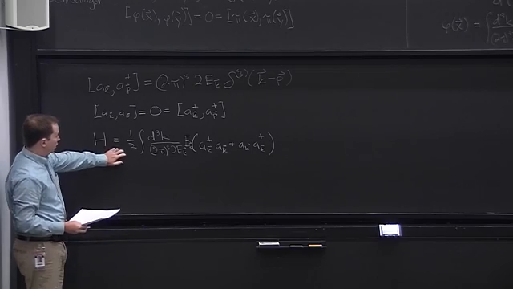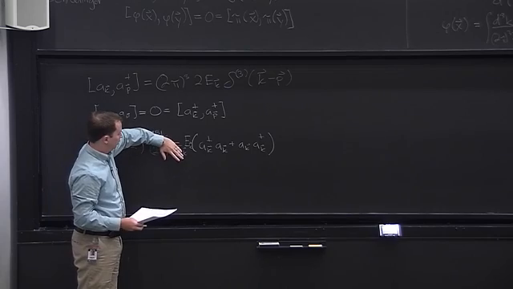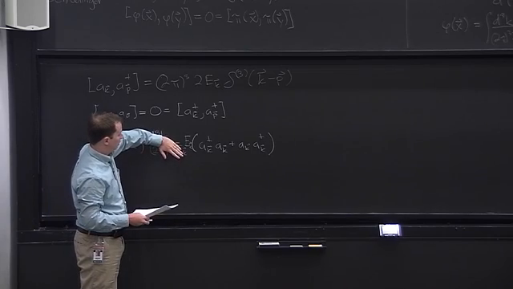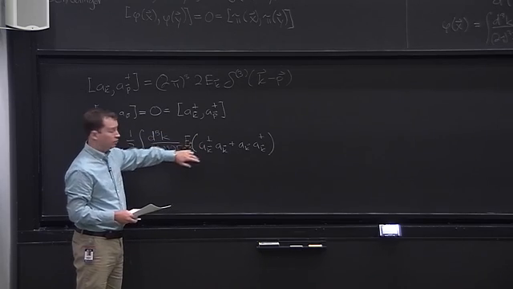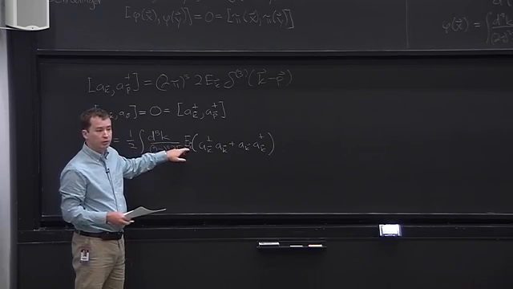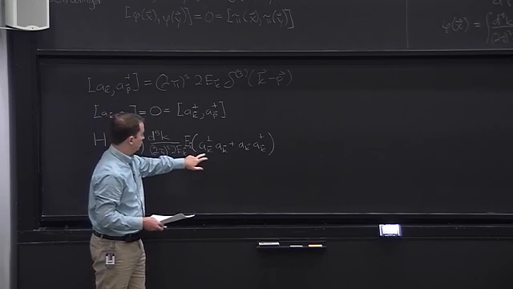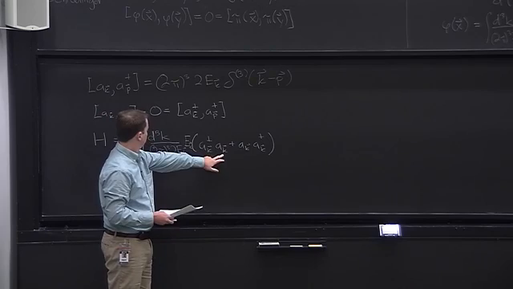And so what does this look like? If we ignore this integral, this basically looks like the Hamiltonian for a harmonic oscillator. Just the energy or frequency times this combination of ladder operators.